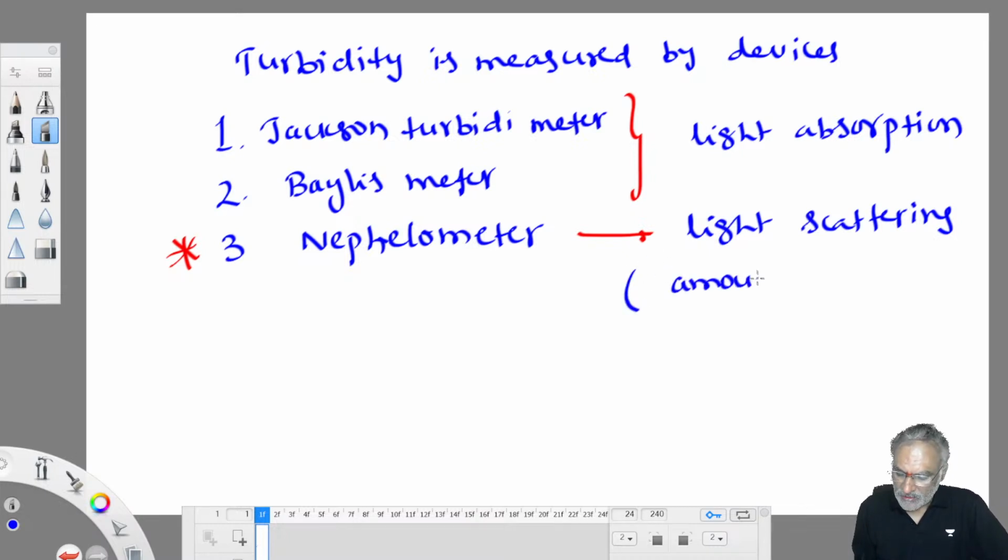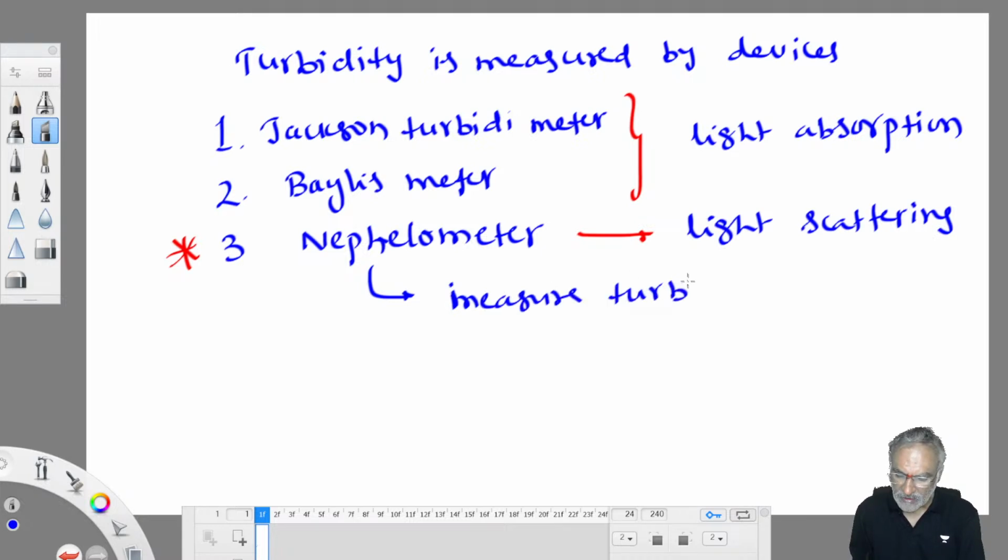So it measures turbidity by measuring the amount of light scattered perpendicular to the light path. The nephelometer always measures turbidity in terms of NTU, whereas these two measure turbidity in terms of JTU.